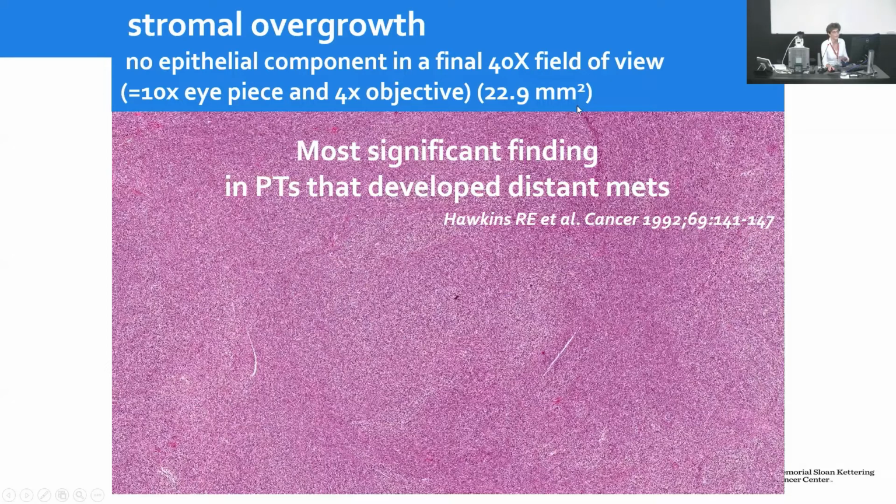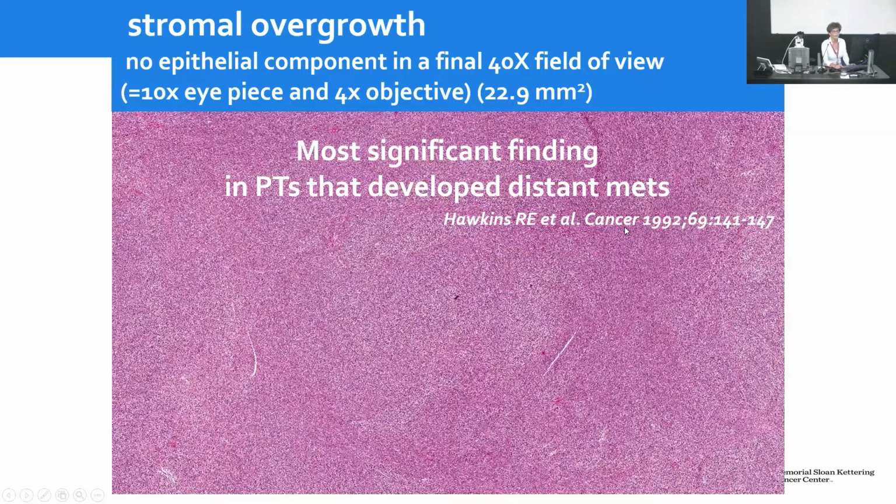But of course, if you have a different microscope, there are ways to calculate the area of your high power field, and you should use that. But again, from a biology point of view, this was the most significant finding in phyllodes tumor that developed distant metastasis, in a study done, I would say, 30 years ago.